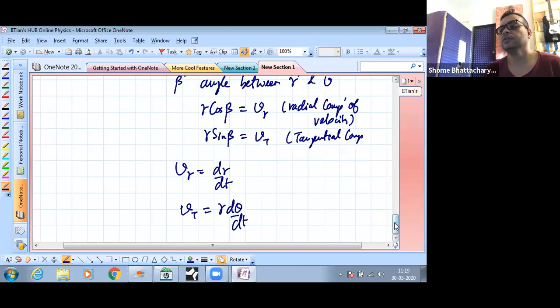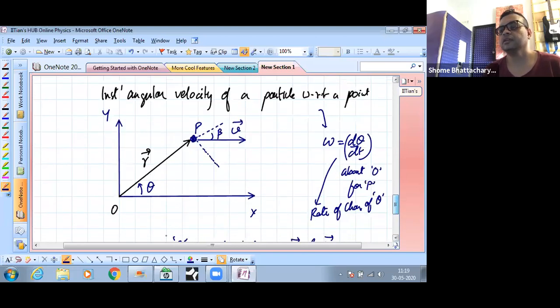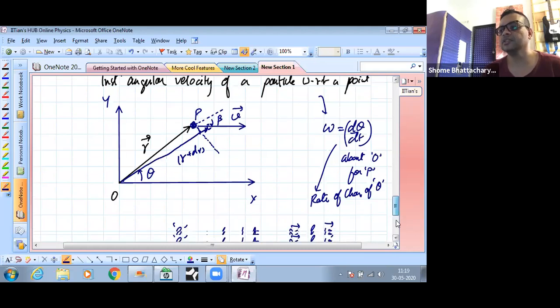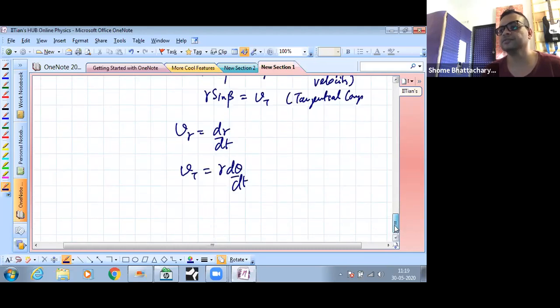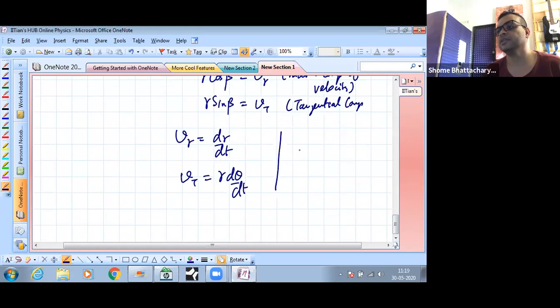As this particle is moving, the radial component of velocity is the rate of change of distance from the center, whereas the tangential component of velocity becomes nothing but r into d theta by dt. This is the concept. Because you would see that next moment if the particle reaches somewhere here, its distance has increased, it has become r plus dr, but its angle has also changed. So this has become theta plus d theta. In general, that is how we express it. In other words, we take a differential displacement as something along r cap plus something along theta cap.